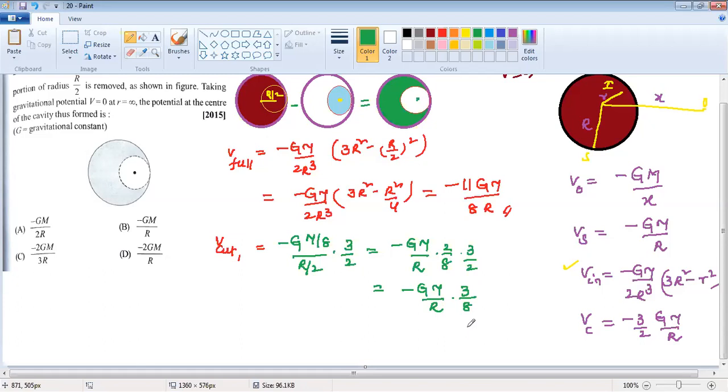So what is the required point? That should equal the full part minus the cutting part. What is the full part potential?